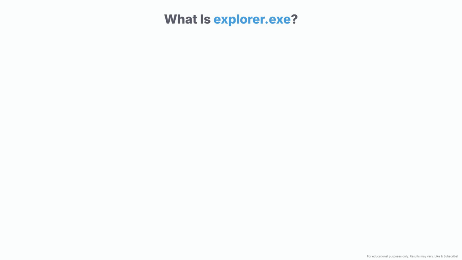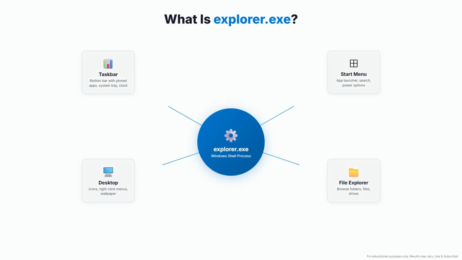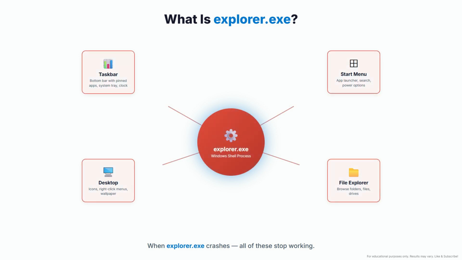What is Explorer.exe? It is the Windows shell process. It renders your taskbar, start menu, desktop icons, and every File Explorer window. When it crashes, your entire desktop interface stops working. There are two main symptoms. First, the application error pop-up.